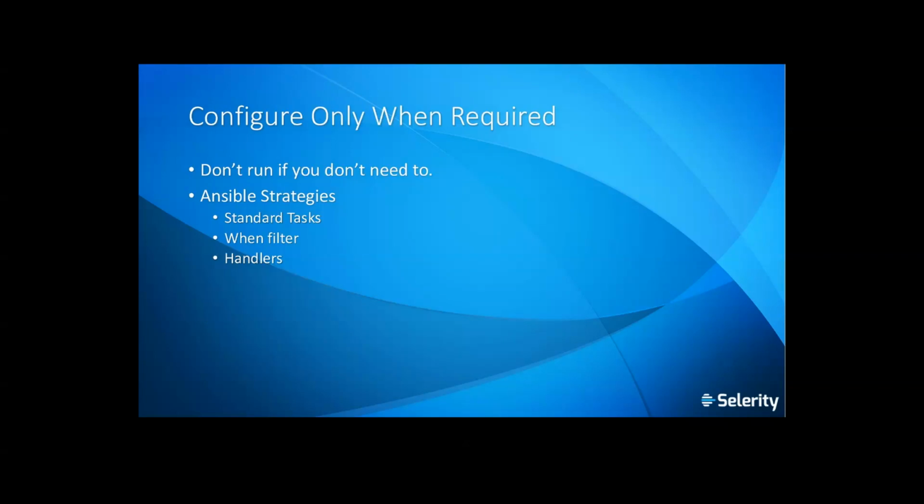Another important component of optimizing your configuration management strategy is to configure only when it's required. So don't run your configuration management if you don't need to. In your Ansible playbooks, you devise strategies to either let the process identify when something has changed, or manually do that yourself.